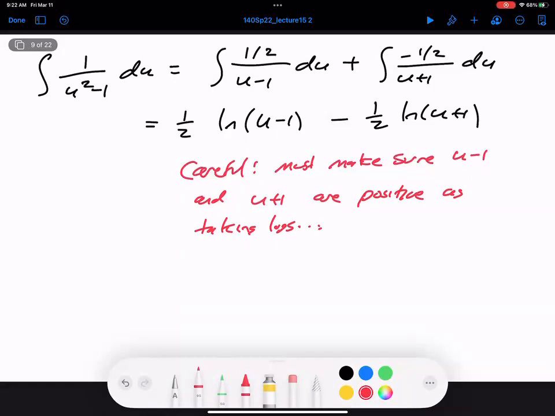So we've now handled all quadratics. Did we handle any quadratic in the denominator? Did we do that, or did we only do special quadratics? What do you think?